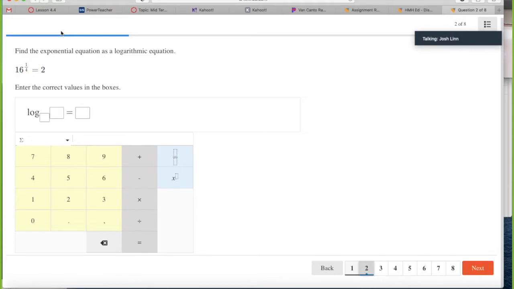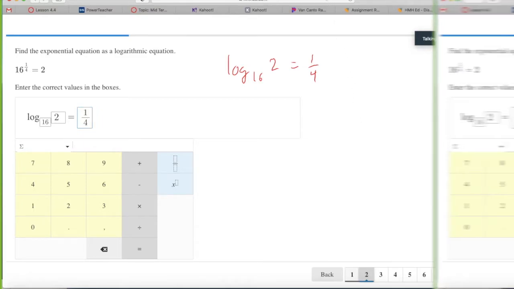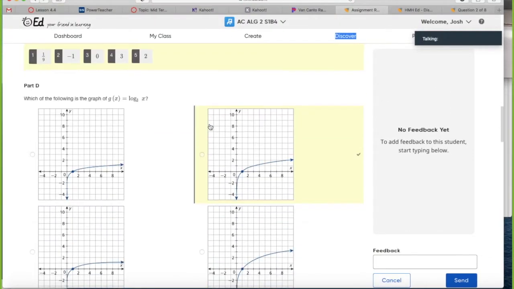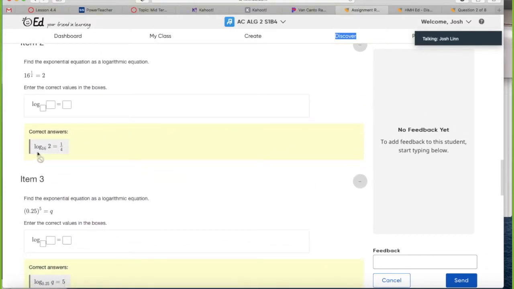So if we write that out, that's going to be log base 16 of 2 is going to equal 1/4. And there you go, log base 16 of 2 equals 1/4.